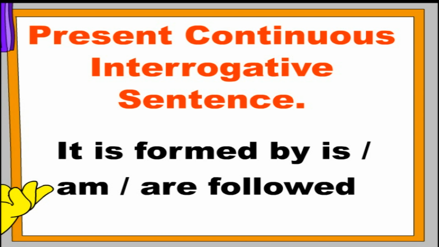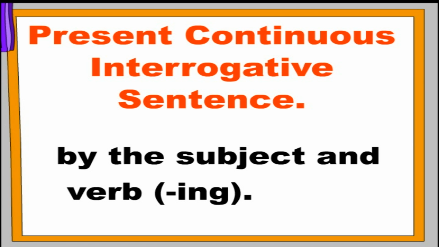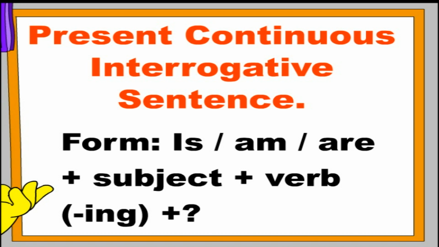Present continuous interrogative sentence. It is formed by is, am, are, followed by the subject and the verb with ing. Form: is, am, are plus subject plus verb with ing plus the activity.